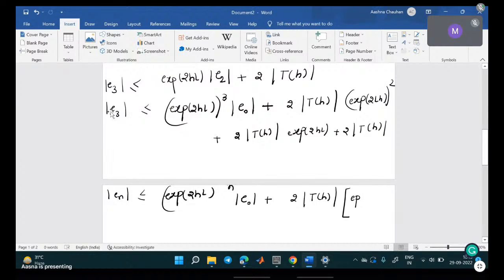That for n equals 3, the power starts with 2. So in general, if I'm writing the same inequality for n equals n, the power starts with n minus 1.